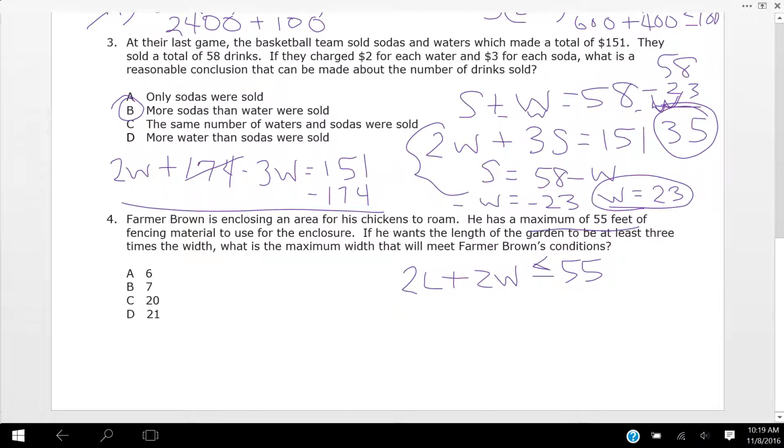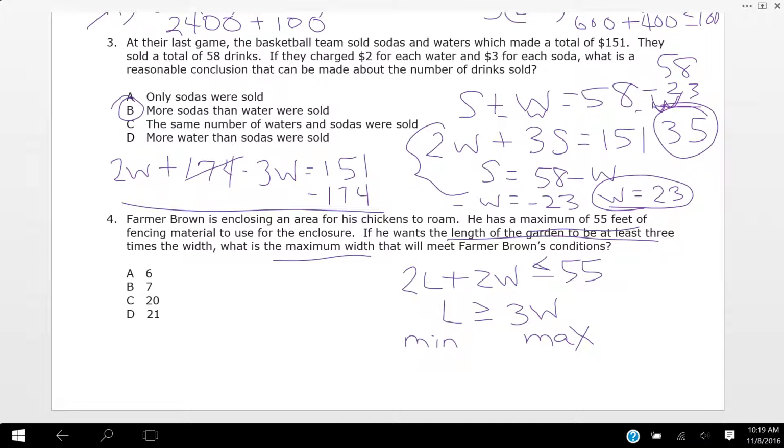And the length is going to be at least 3 times the width. So if I think about this a little bit, he's looking for the maximum width. So if I'm looking for the maximum W, then the length is going to be the minimum. So that's the smallest length for the most width.